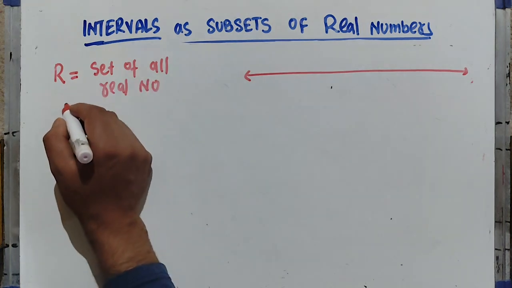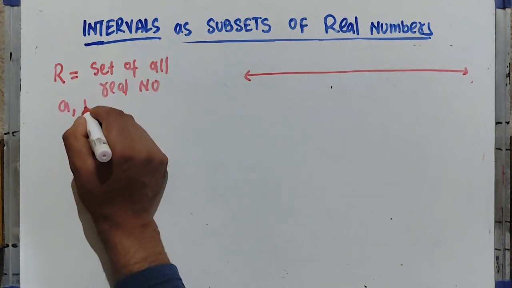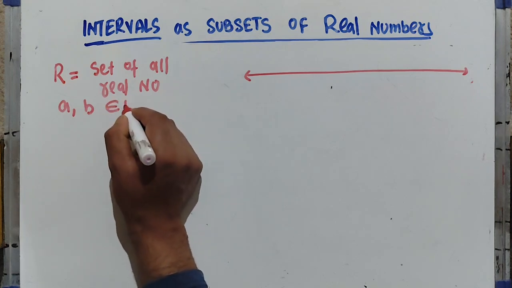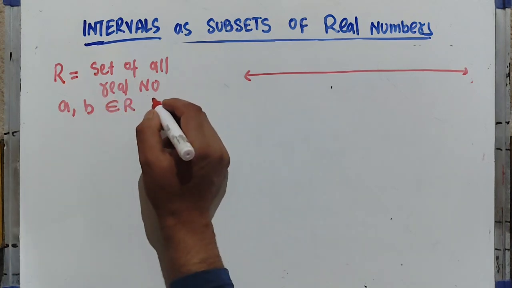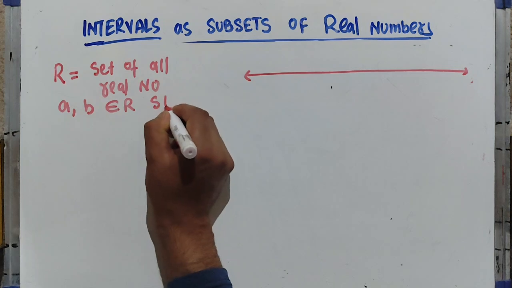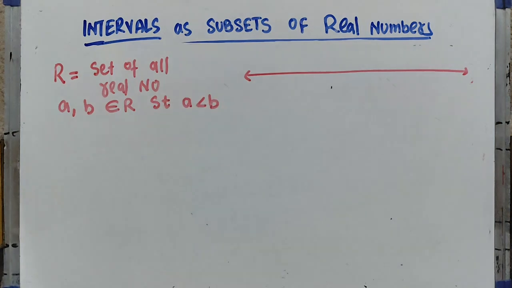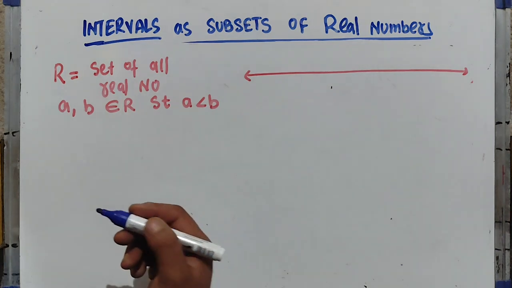And let us take two numbers. Let us suppose we have two numbers a and b, such that a and b belong to real numbers, such that a is less than b. Now how do we show it in the interval notation?